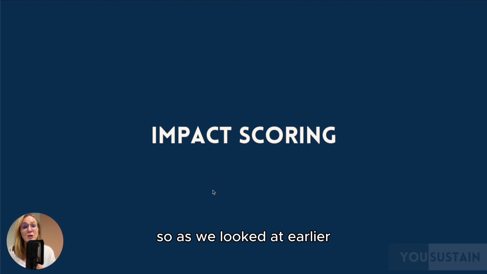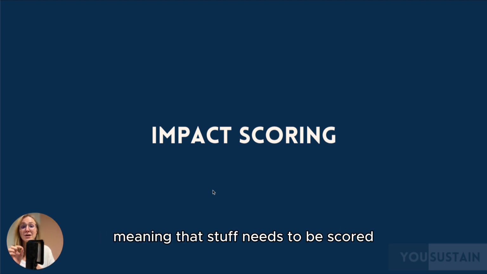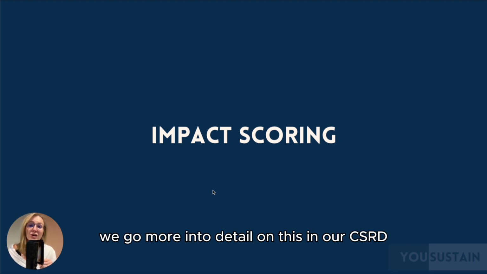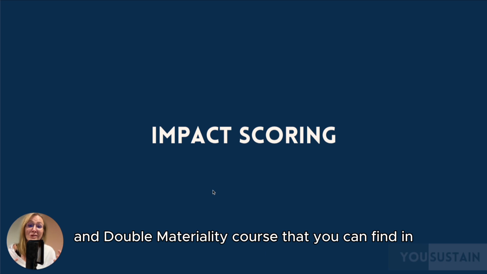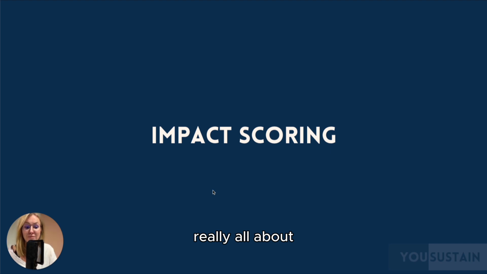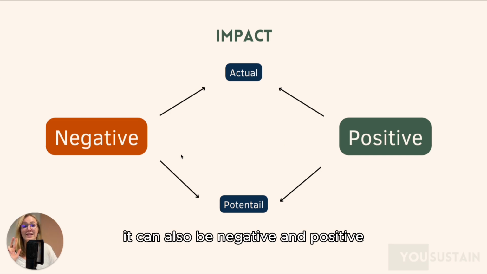So as we looked at earlier, everything now needs to go into this matrix, meaning that stuff needs to be scored. We go more into detail on this in our CSRD and double materiality course that you can find in YouSustain Academy, but I will take you overarchingly through what it is really all about. So an impact can be actual and potential. It can also be negative and positive.